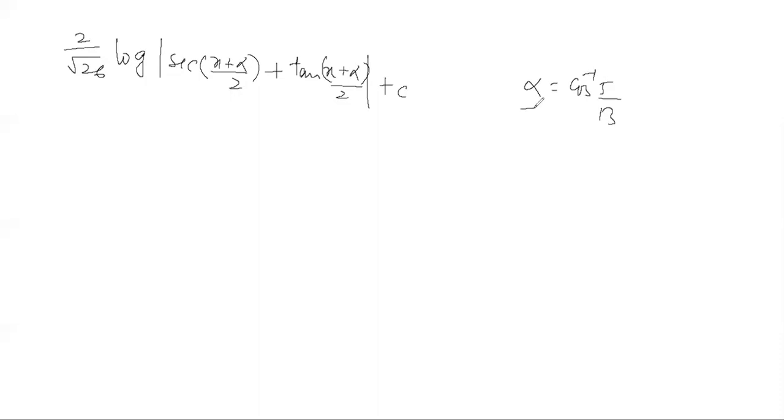You can find out alpha from sin alpha, from cos alpha, or even from tan alpha. All right. Very good. This session is very important for class 12 because this question is asked in class 12 as well as JEE Main. This is a very favorite question for JEE Main.